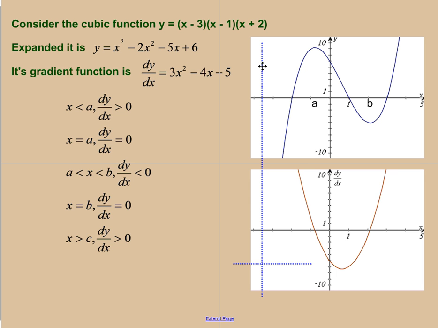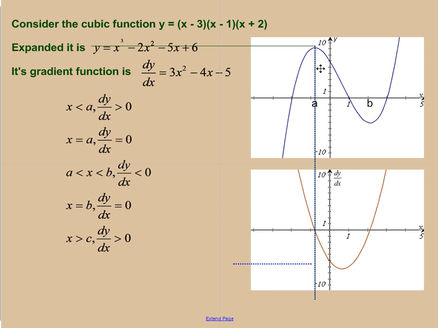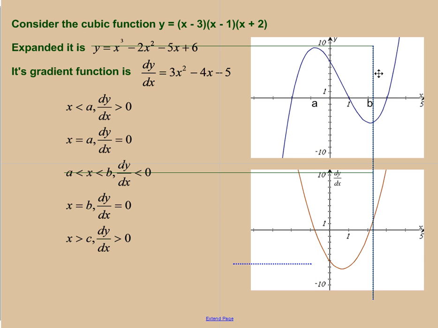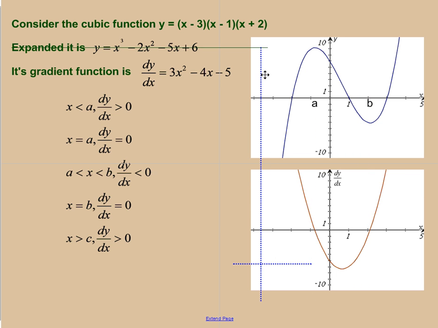A represents a turning point, roughly -0.8 for that one, and this one over here is roughly 2. When I take the derivative, I get 3x squared minus 4x minus 5. And of course, the shape of that graph is parabolic. Here it is down here.